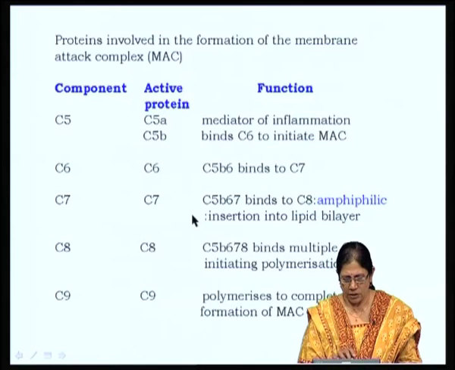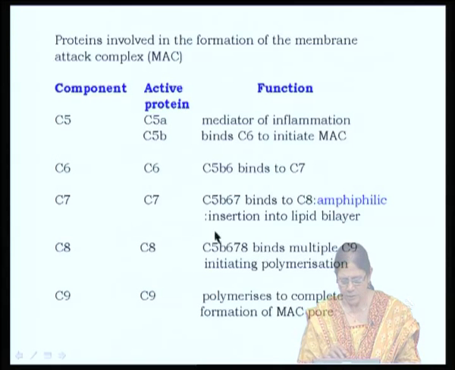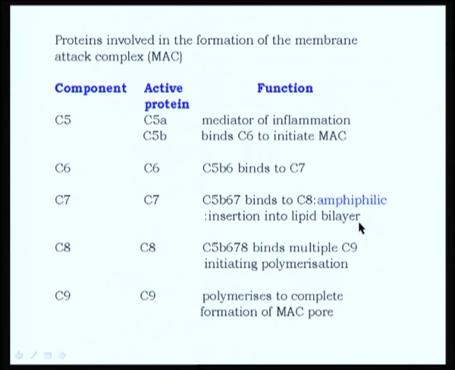Now, it is at this stage, C5b, 6, 7, that there is a transition of the soluble component to become amphiphilic, which will have hydrophobic surfaces inserting into the lipid bilayer. C9 of course polymerizes to complete the formation of the MAC pore. Now, there are some reports that say that in the absence of C9, in some cases just the complex formed between C5, C6, C7 and C8 is enough in fact to kill a cell.